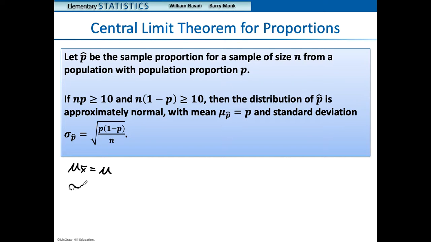And the standard deviation of the sampling distribution was equal to the population standard deviation over the square root of the sample size. And the sample size requirement in that section was that n should be greater than 30 to guarantee that the distribution is approximately normal, right? So up here is the central limit theorem for proportions. Down here is essentially the central limit theorem for means. Okay?